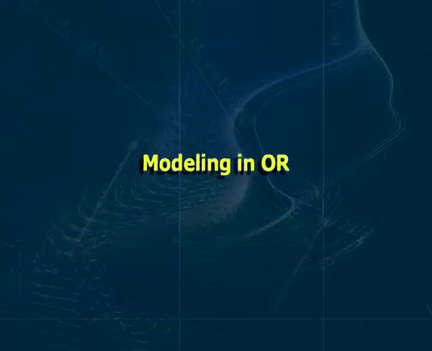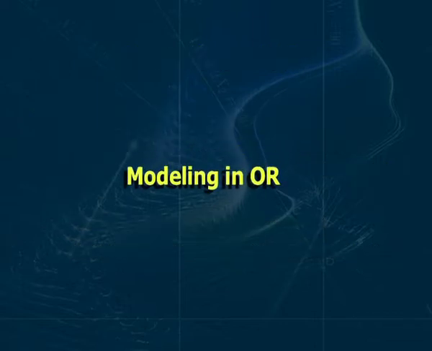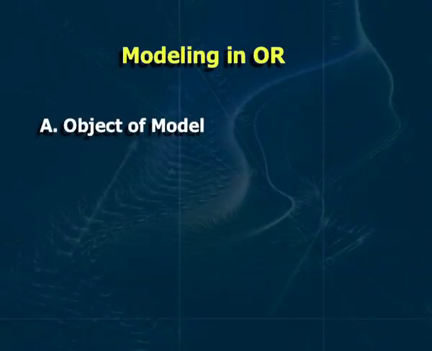Let us see number 5, modeling in OR. A model in OR is a simplified representation of an actual object or situation. It shows the relationships and interrelationships of action and reaction in terms of cause and effects. A. Object of modeling.